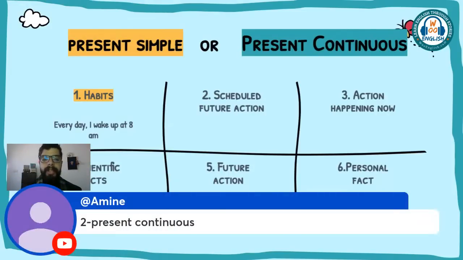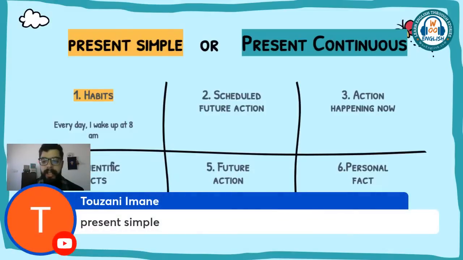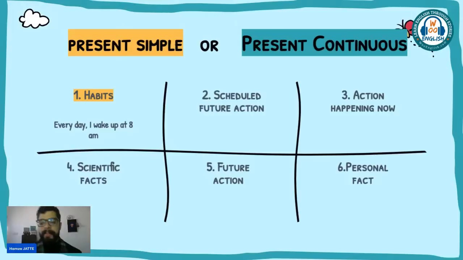Amin says number two is the present continuous. Okay. What about the rest of you guys? So what about number two? What do you think? Scheduled actions, what is the tense that you think we should use? Iman says the present simple. So I have two answers already. Is it the present simple or the present continuous for number two?